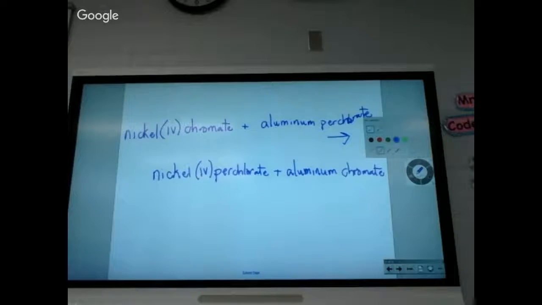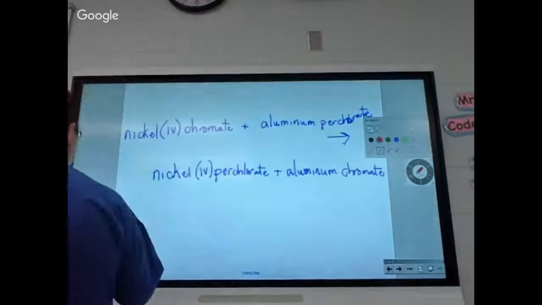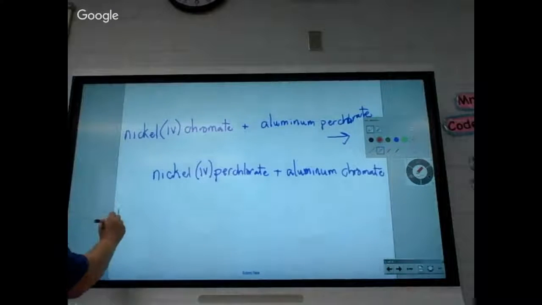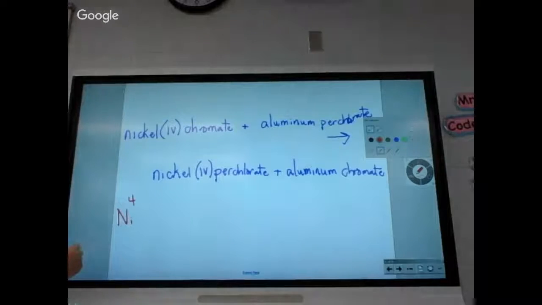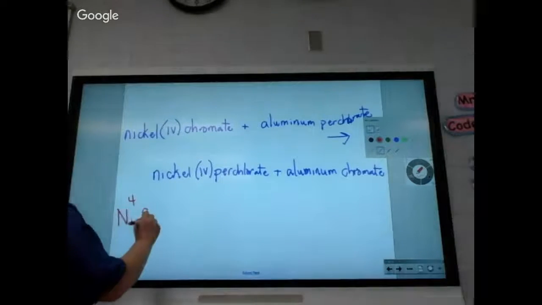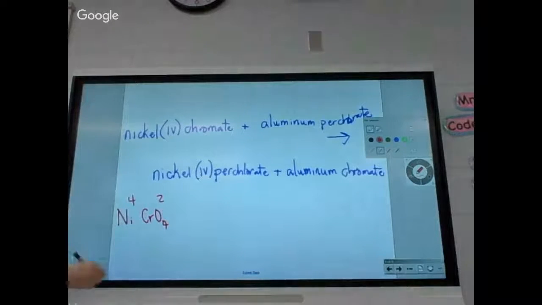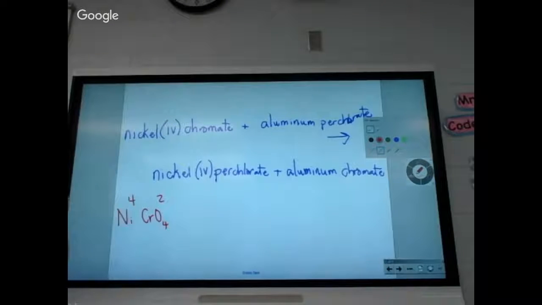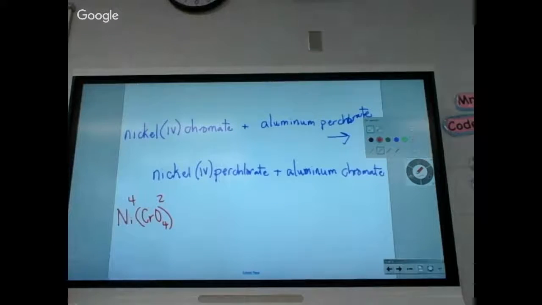All right, so if we look at what we have right here, what do we do? Nickel has a 4. Chromate is what? CrO4 with a 2. All right, now, before you even crisscross, and I picked this one for a reason, because a lot of people miss this. What do you notice about those oxidation numbers? They're going to reduce, okay? A lot of people just go ahead and crisscross and ignore that.